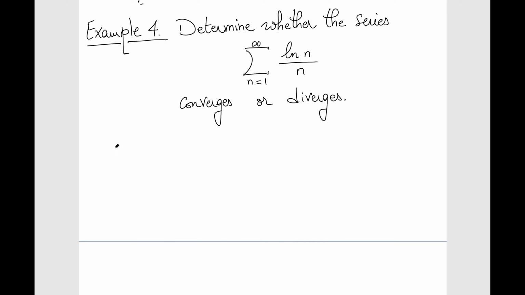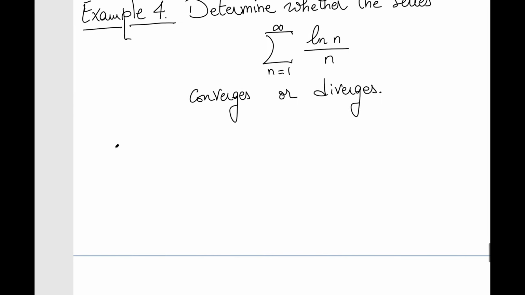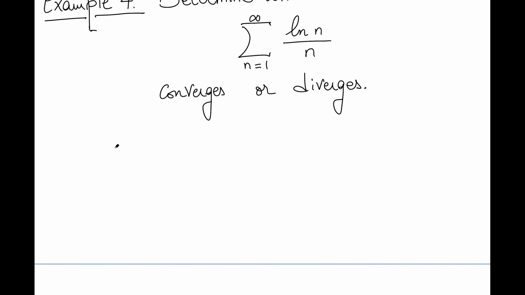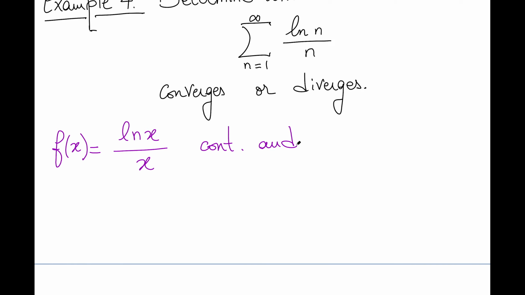Okay, so let's take a look at the function f of x equals ln x divided by x. So this function is certainly continuous and positive on 1 to infinity.